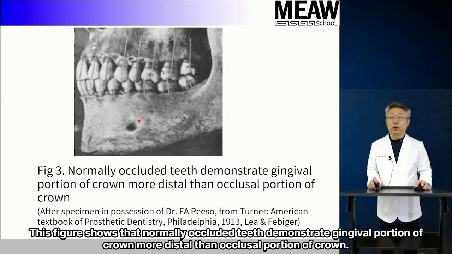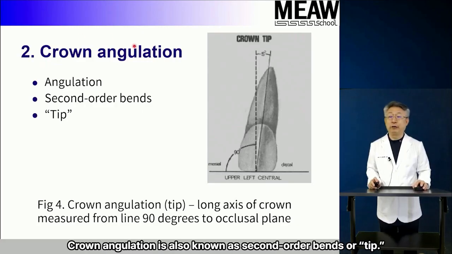This figure shows that normally occluded teeth demonstrate the gingival portion of the crown more distal than the occlusal portion of the crown. Crown angulation is also known as second-order bends or tip.